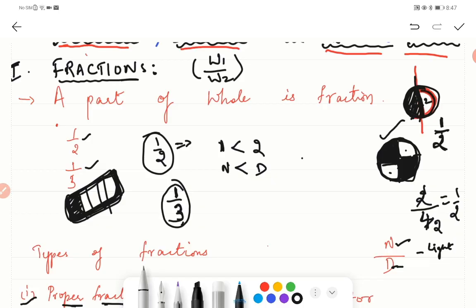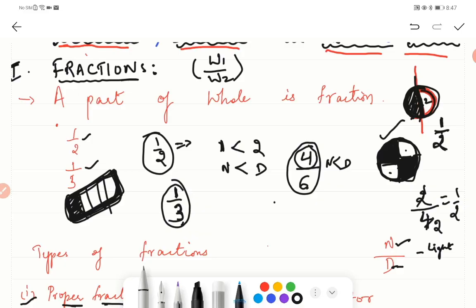If I take 4 by 6 or 4 by 5, the numerator is again less than the denominator, that is, 4 is less than 6, so this becomes a proper fraction.